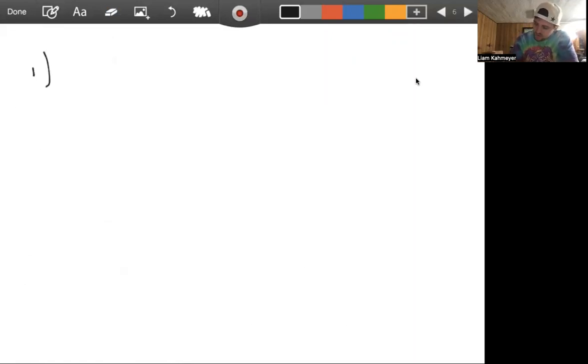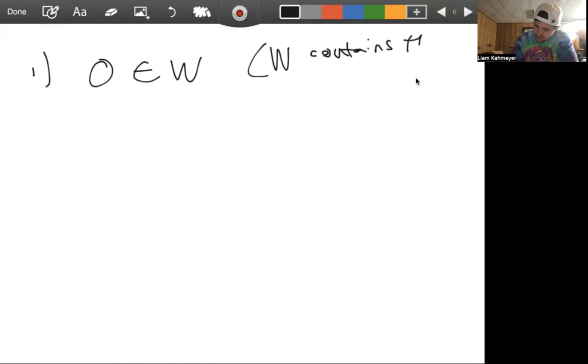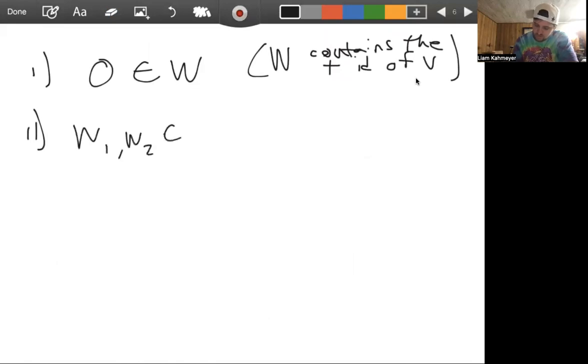The first one is that 0 is an element of W, right? So we need to show W contains the additive identity of V. That's one thing we need to show. We also need to show that for any two elements W1, W2 in W, this implies that their sum is in W.